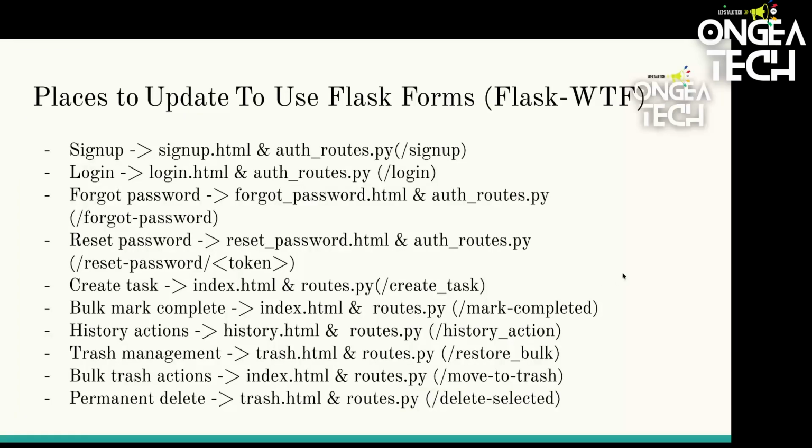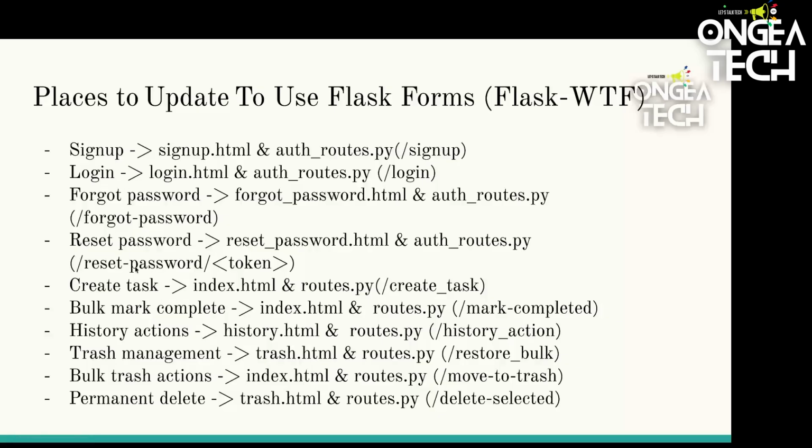So some of the places we are going to need to update in our to-do list app to incorporate the Flask forms include the sign up page, which we're going to change in the signup.html page, and the auth routes.py file, the sign up endpoint. Same for login, forgot password, and so on and so forth.